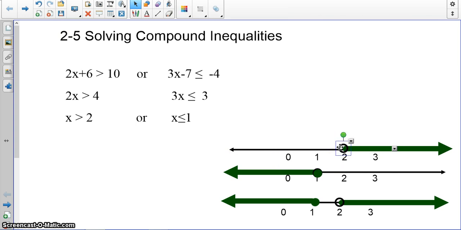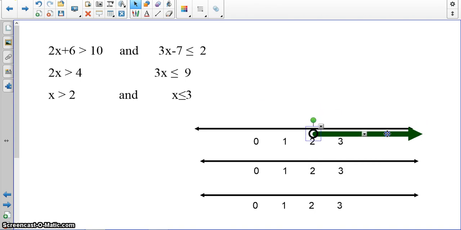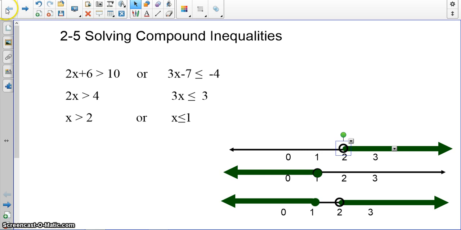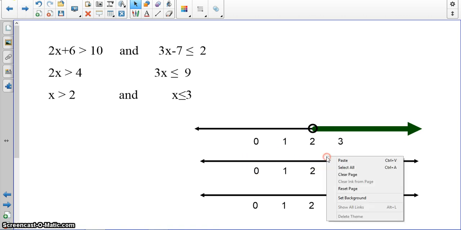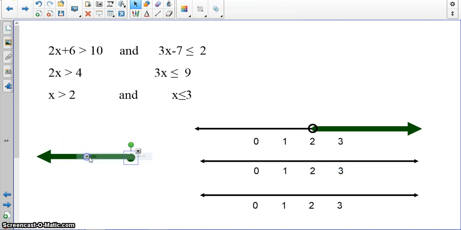Boom, there's x greater than 2, and x is less than or equal to 3, and heck, I'll copy from a second ago again. Only this time, oh wait, I've got to make it a little longer here.